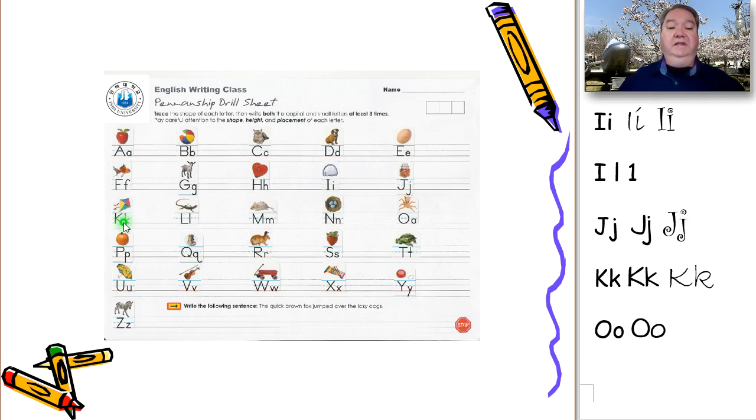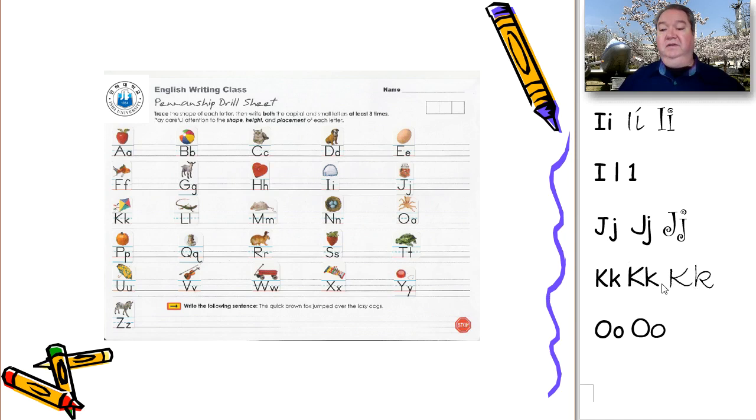Capital K, lowercase k, again, be very careful with those. You notice here, this center is where the lowercase k reaches as far up as these. So they're both the same height, but the little legs here on the lowercase k are only half the size. So in this font, that looks pretty good.